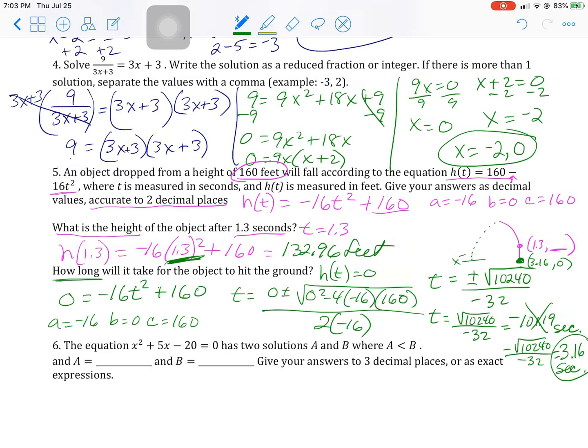And then the last one, here's another quadratic. It has two solutions. Put them in order. And it doesn't really say anything else about it.